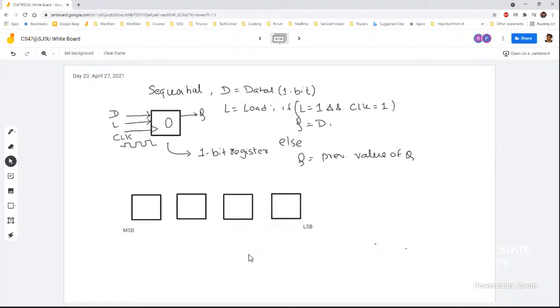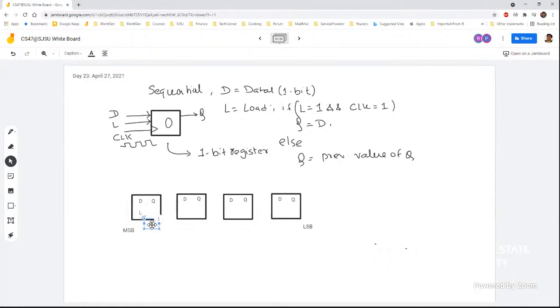Each of them then has these terminals called D. Each of them has D, each of them has load, and each of them has output Q. I'm not showing the clock signal here because we can just assume there is a clock signal, but what is important is this load signal.